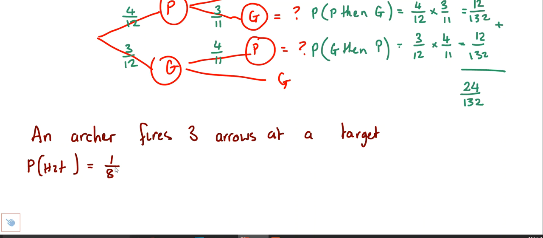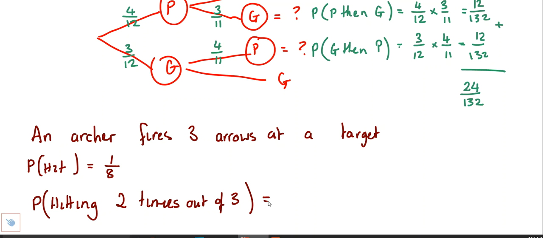So the probability of hitting the target is 1 in 8. Okay? Simple question to start with, right? I would like to know what's the probability of him hitting 2 times out of 3.